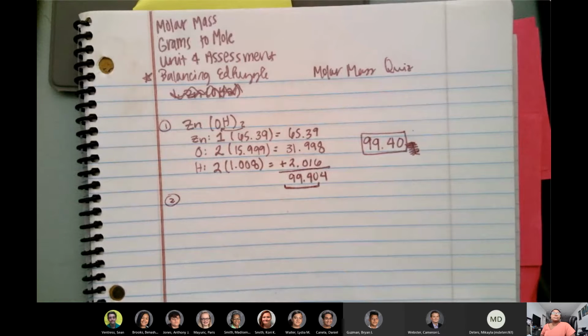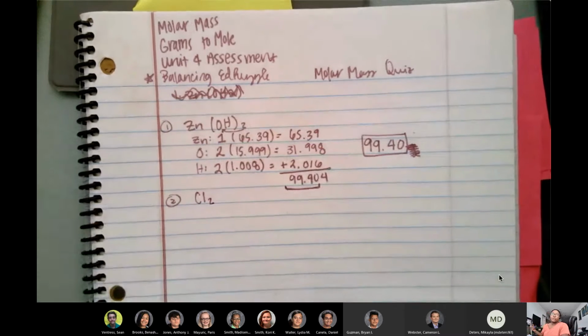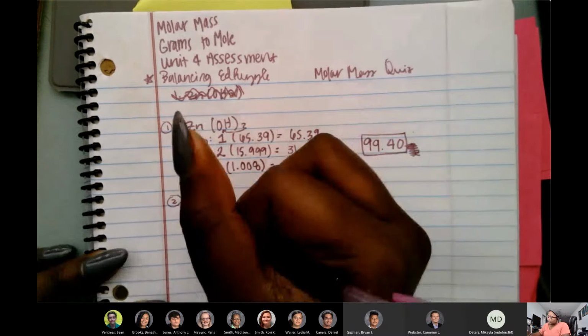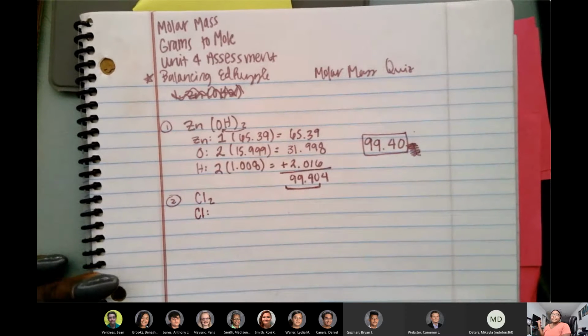So, all right, number 2. Cl2. Cl2, what am I going to do? Write down my elements that are in this compound. Chlorine. How many chlorines are in Cl2?